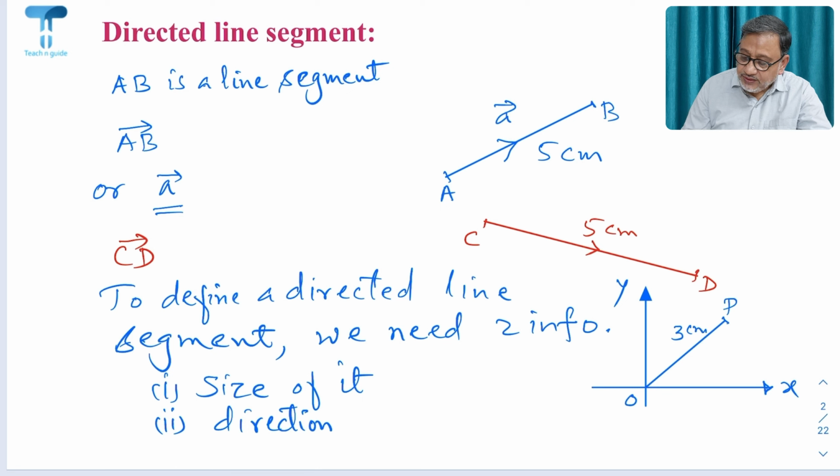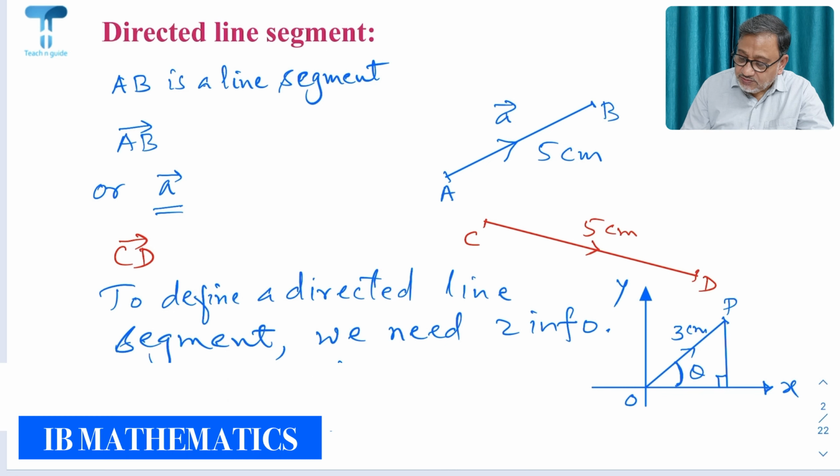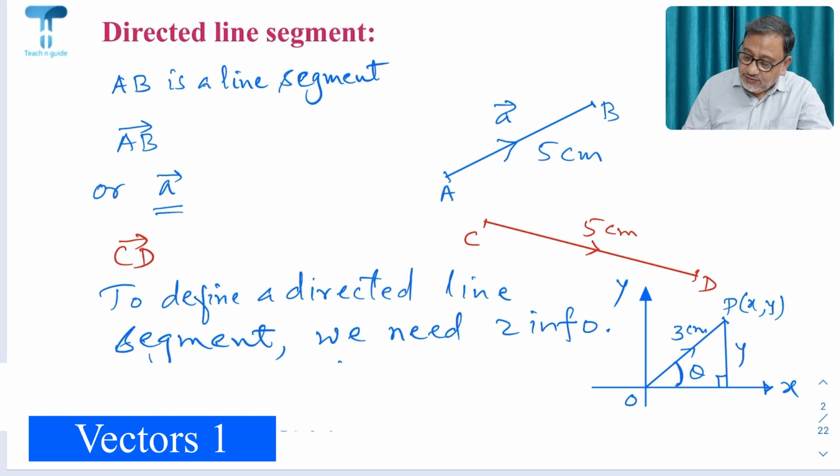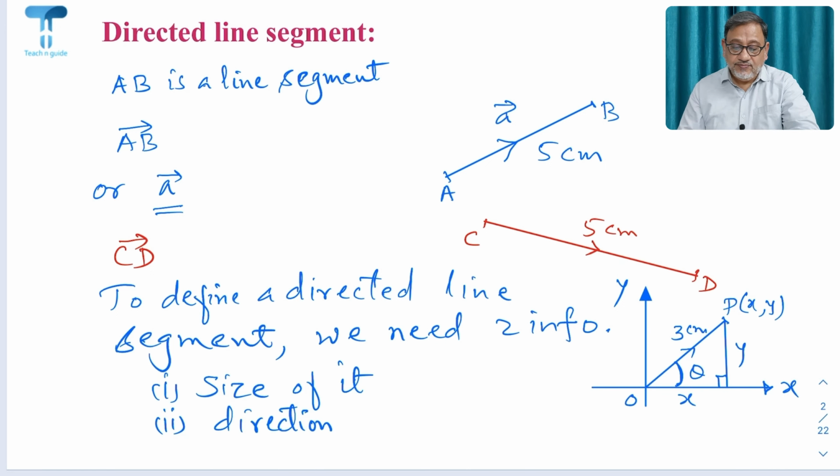Because it is in a particular direction, I can define it with an angle also, some angle theta. Now it will have some x coordinate and some y coordinate definitely. We'll come to that in the next part. This height will be y and the horizontal length will be x. So this is the directed line segment.